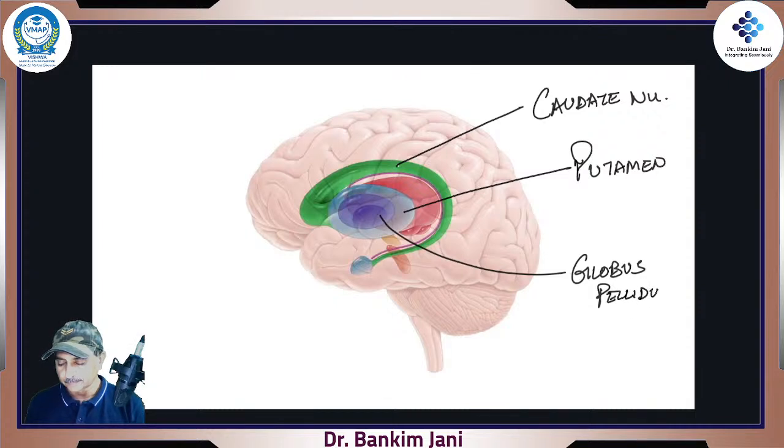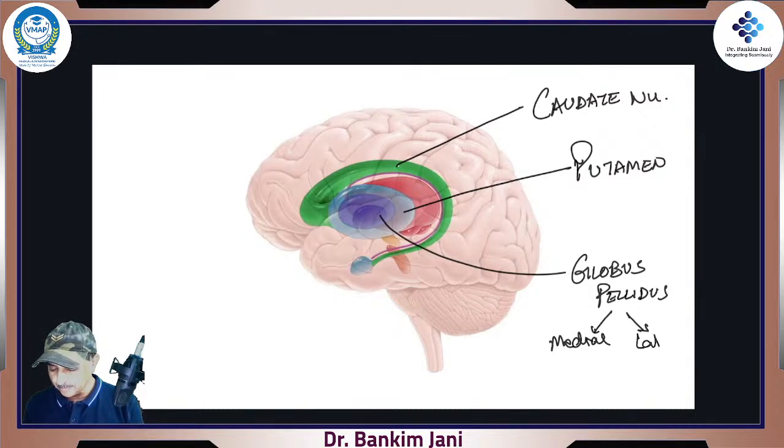This globus pallidus has two parts, a medial and a lateral part. The lateral one is external and the medial one is internal.